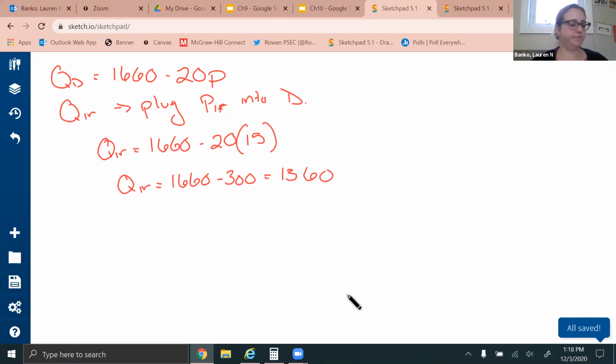So 1660 minus 20 times 15 is 1660 minus 300. So the market is altogether going to produce 1,360 units.